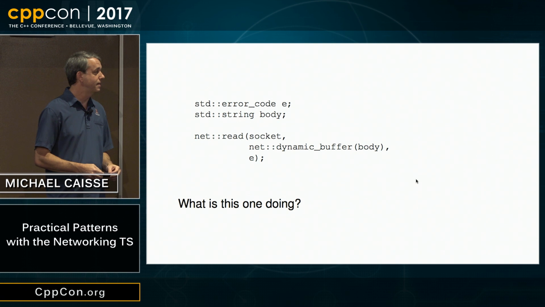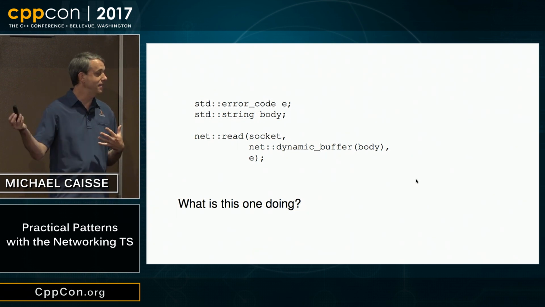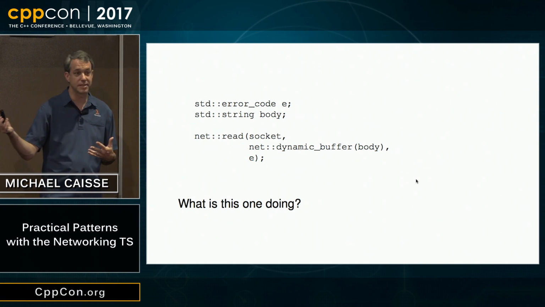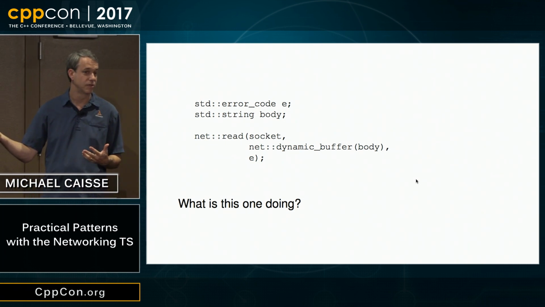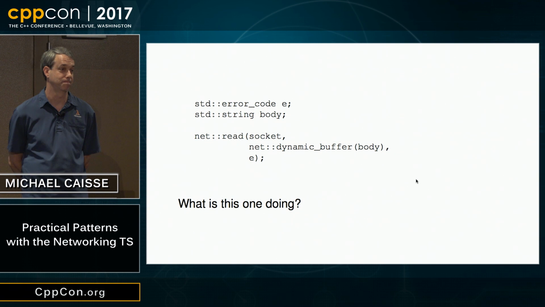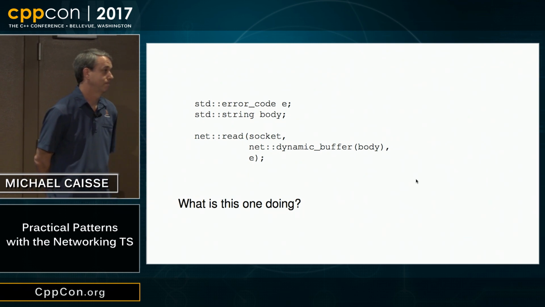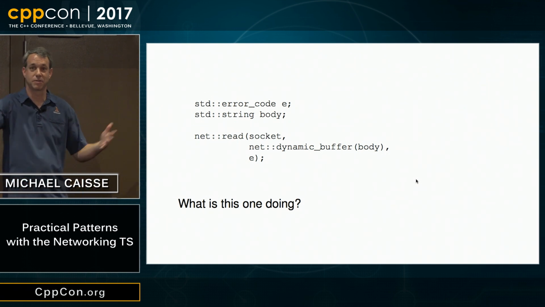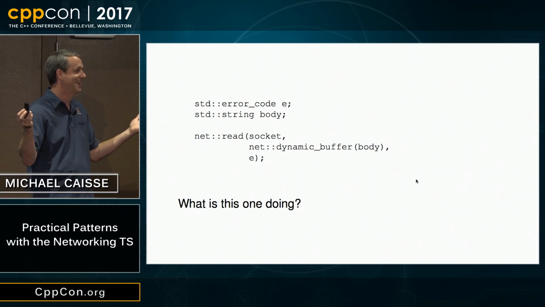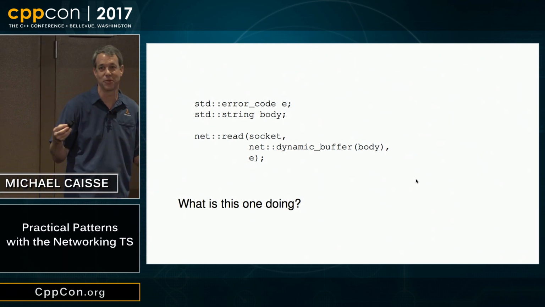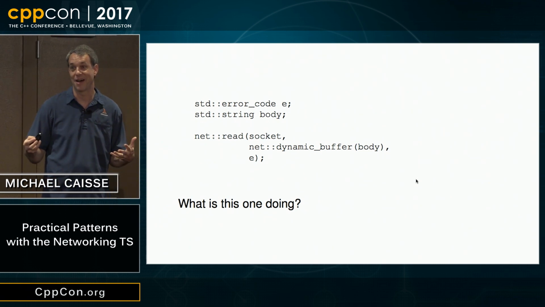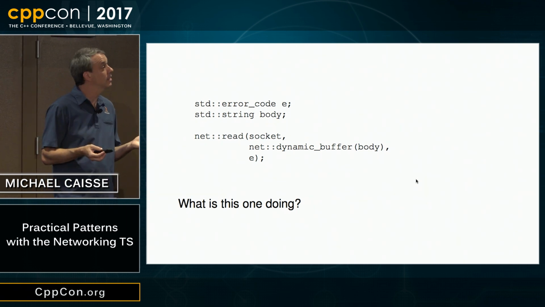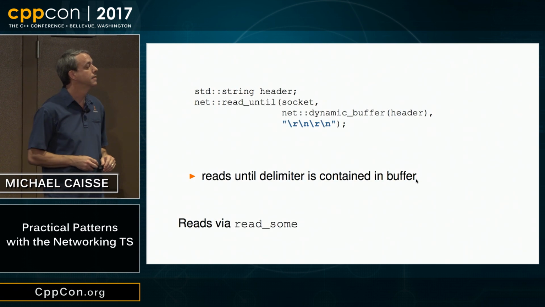All right, we just told it to read, and we gave it a dynamic buffer without a size associated with it. So how long should it read for? Yeah, maybe until end of file, network timeout, till, in essence, an error, right? I mean, there's some condition that's going to cause this whole thing to stop, at which point we could probably look at our error code and figure out what that was.